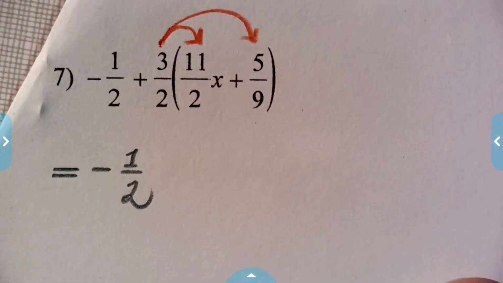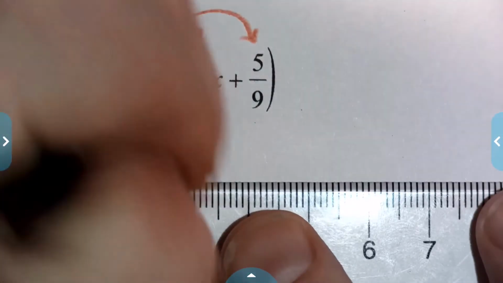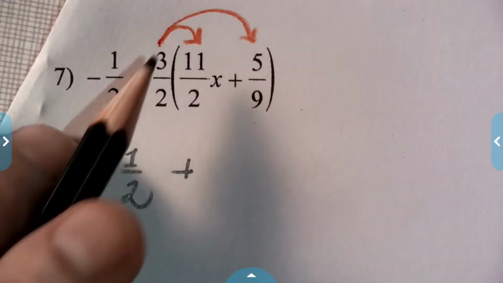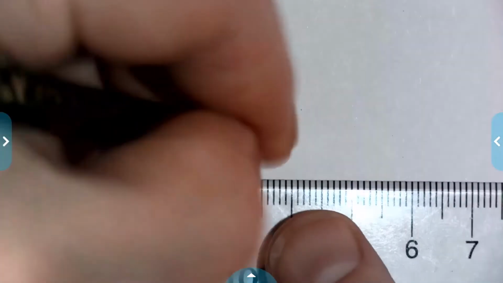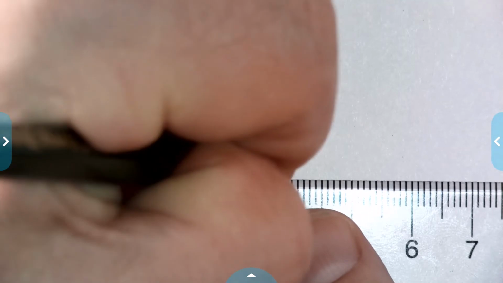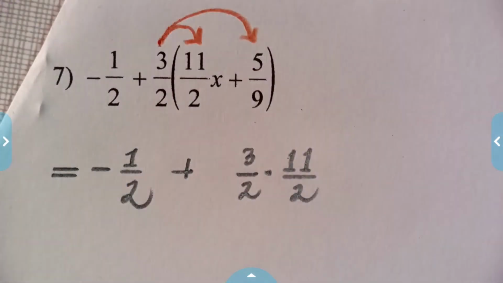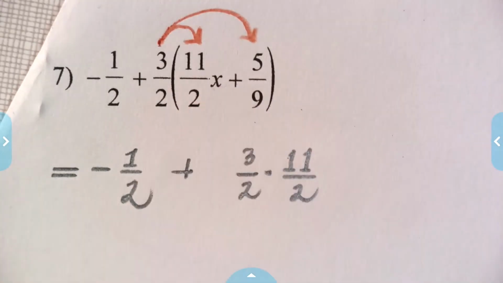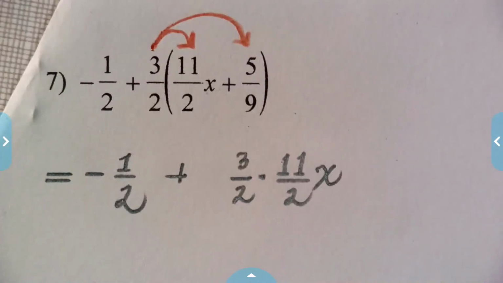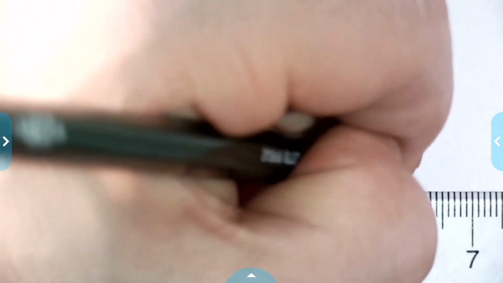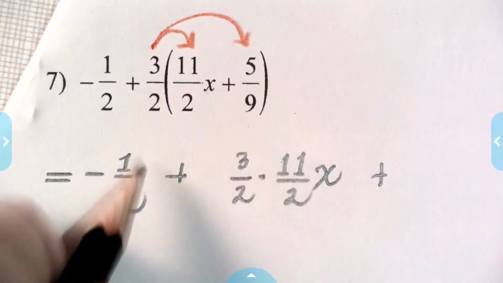Okay, plus, and now we got 3 over 2 times 11 over 2. And we're going to write all that out. And the x comes along for the ride. Plus 3 over 2 times 5 over 9.